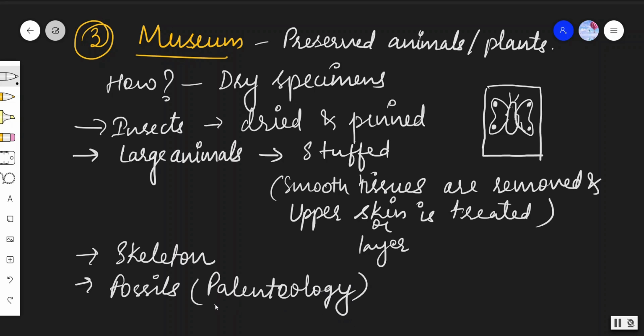The study of fossils is known as paleontology. Clear? Let's move to the fourth one, herbarium.